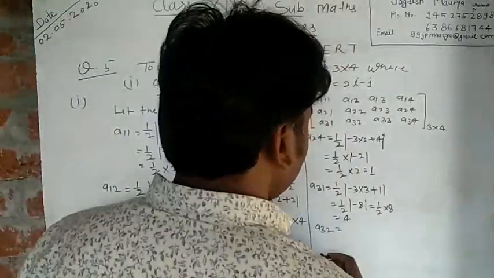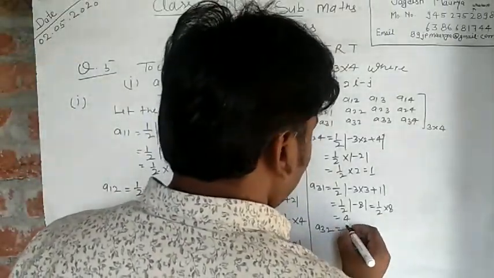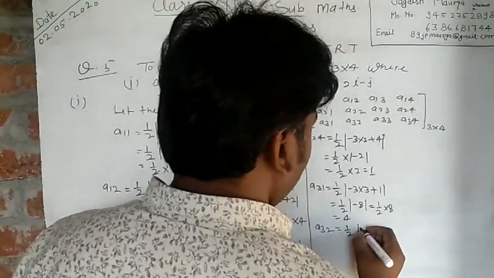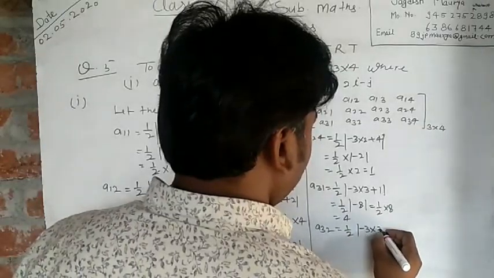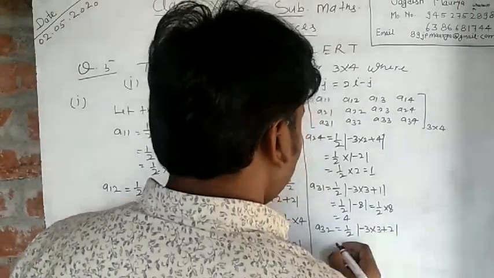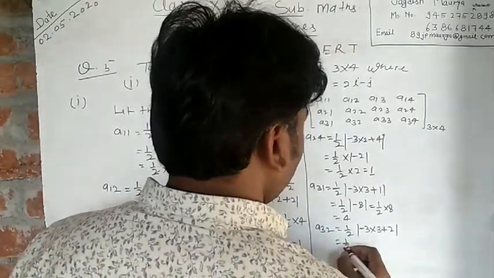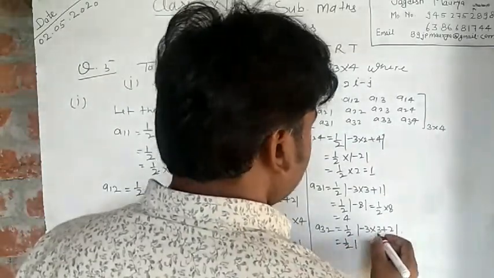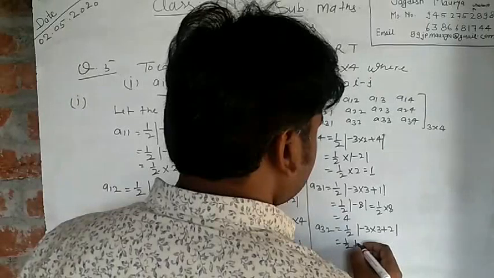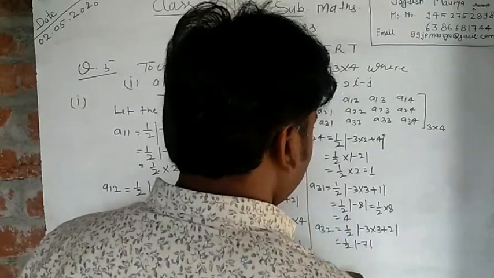A32 means this will come here 1 by 2 mod of minus 3 into 3 plus 2, 1 by 2 mod of minus 9 plus 2, mod minus 7.